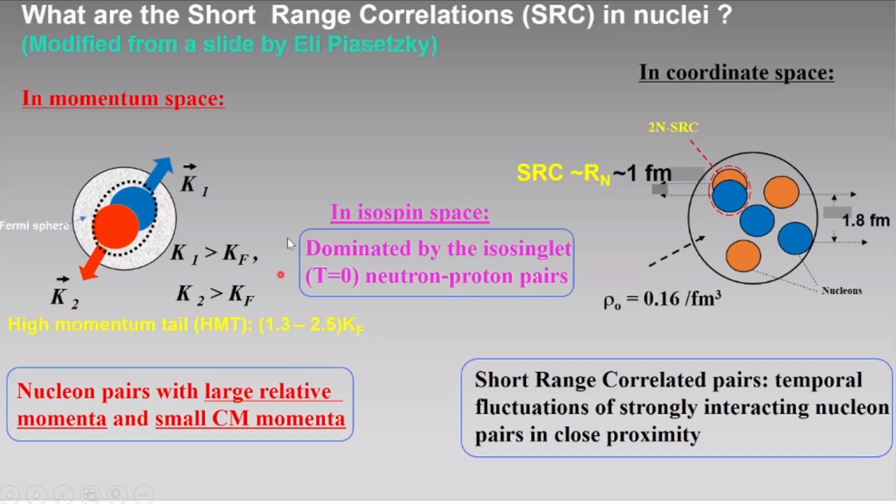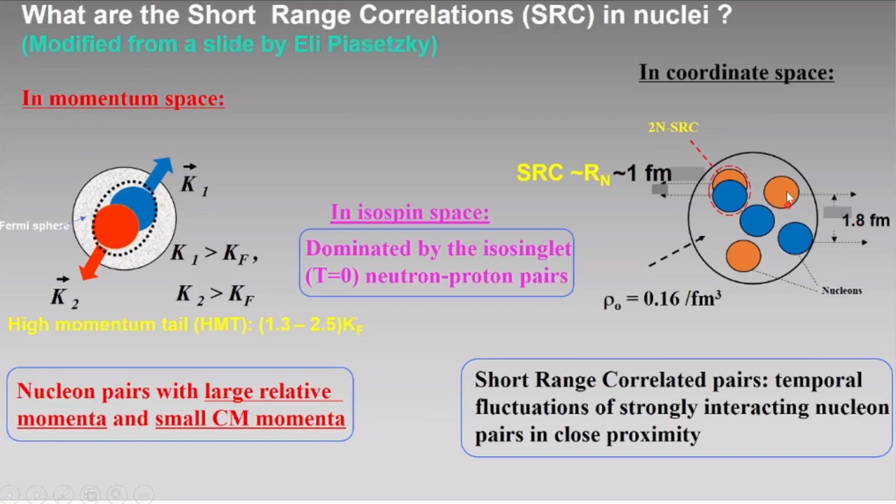So what is the short-range correlation? Well, I took a slide from my friend and collaborator, Or, in Israel. Here in coordinate space, we know that in a typical nucleus at normal density, the average separation between two nucleons is about 1.8 Fermi.